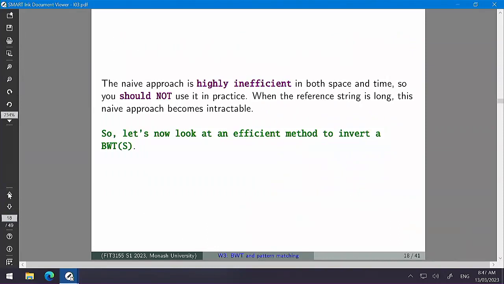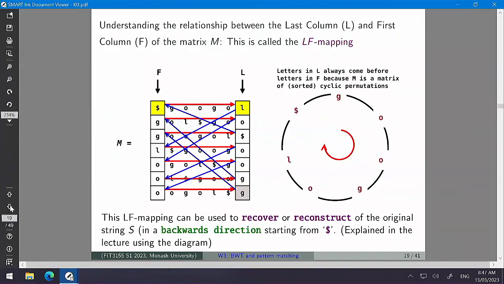Okay, so can we do better than that naive approach? The answer is yes, and Burrows and Wheeler came up with this idea of doing it efficiently. For that, remember that all you have is the last column.